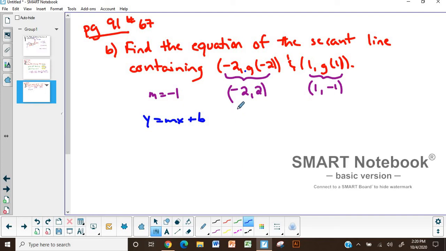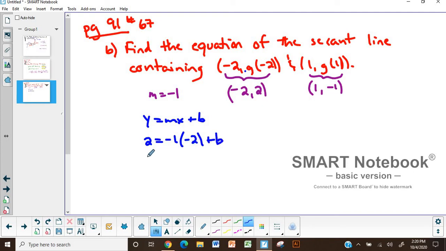It doesn't matter which point you want to use for x and y respectively here. I'm just going to use this first point, (negative 2, positive 2), and our slope to solve for b. So our y value is going to be positive 2, our m is negative 1, our x value here is negative 2, and we're solving for b, or the y-intercept.